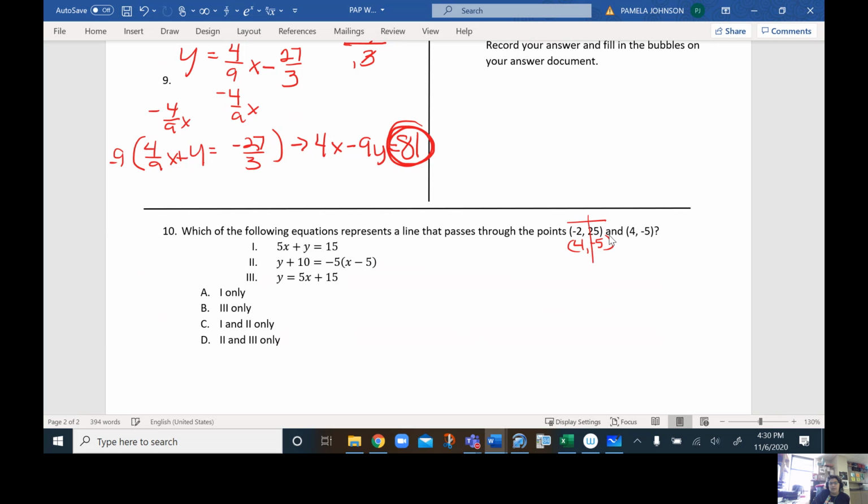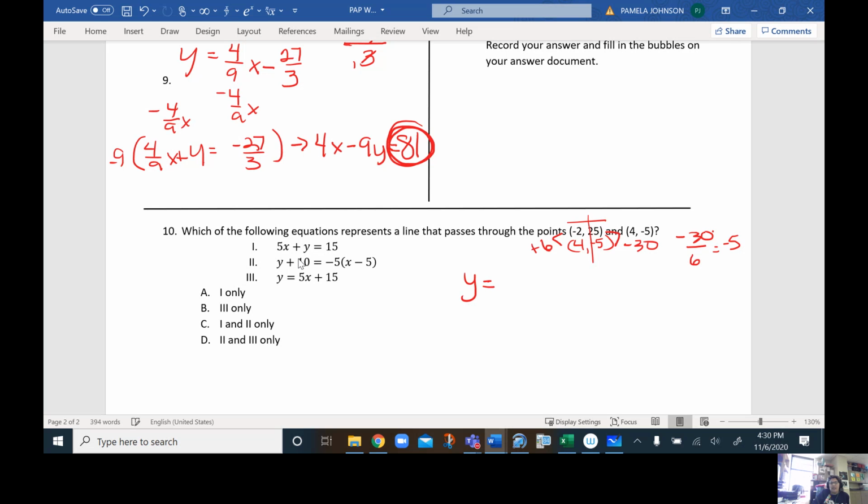From 25 to -5, we went down 30. From -2 to 4, we went up 6. So negative 30 divided by 6 gives me negative 5. Okay. So my slope is negative 5.